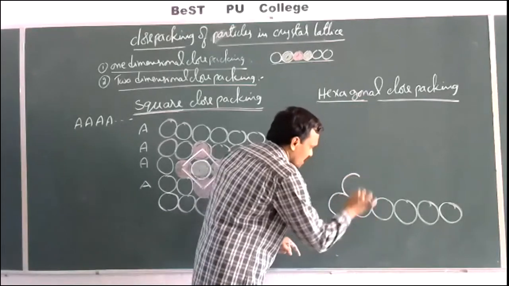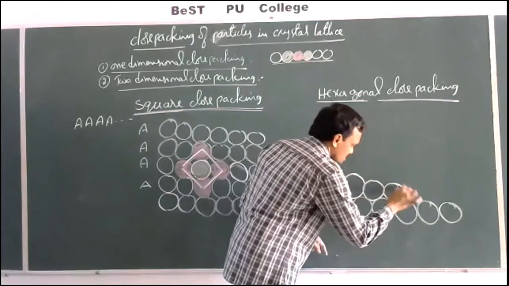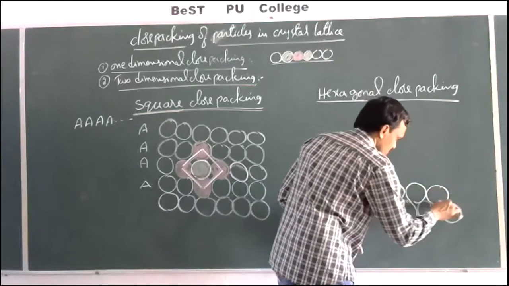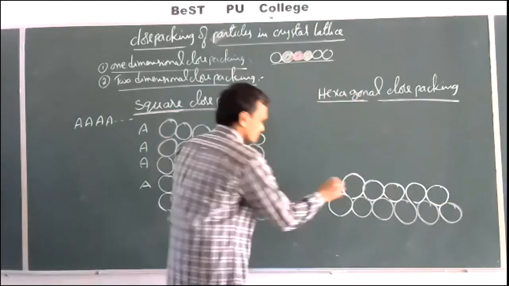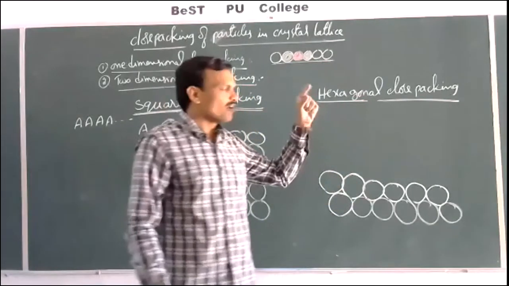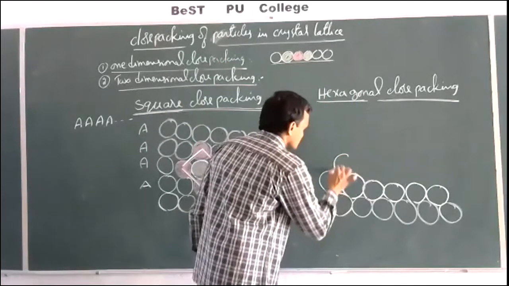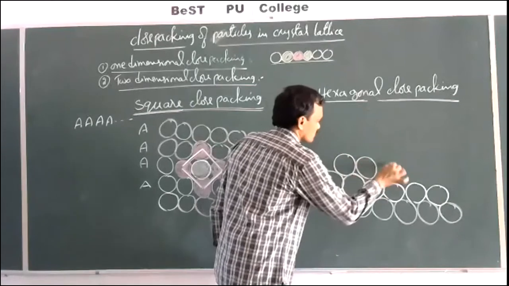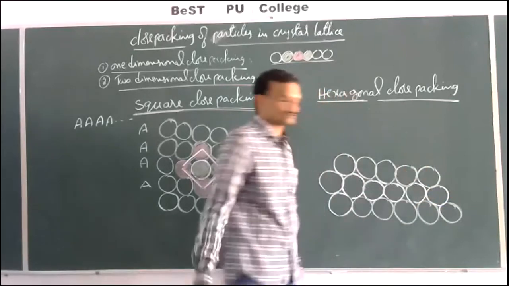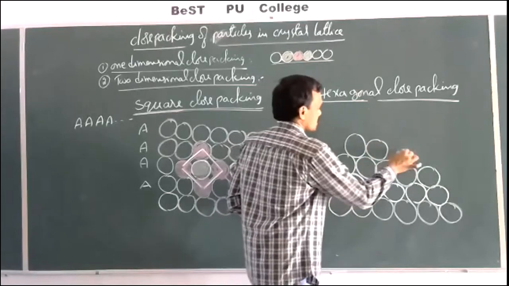So now I will place the second layer in the depressions of the first layer. This is the second layer. Over the second layer, I will place the third layer again in the depressions of the second layer. Like this. Over this, we can place one more layer like this, same in the depressions.